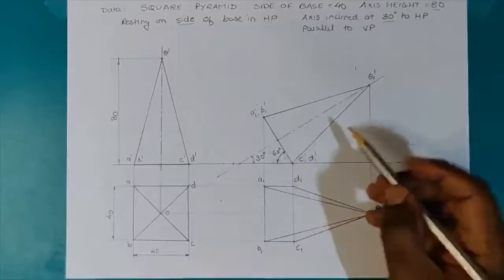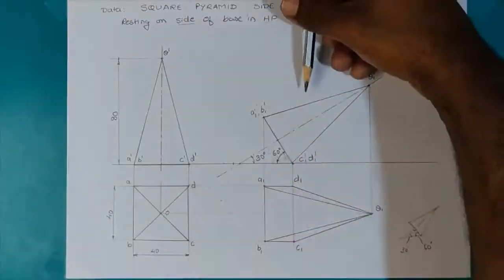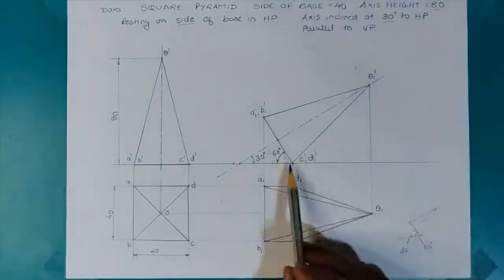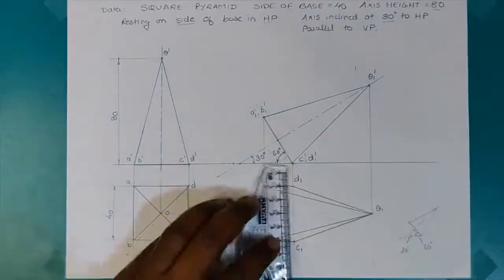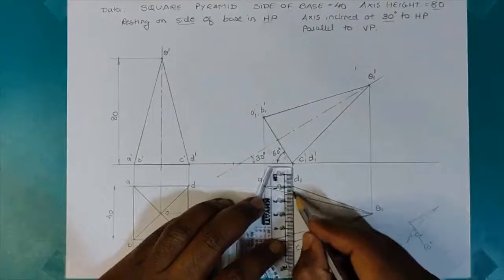So the edges would also be dark. Point C1 is not visible from the top, because you can see in the front view it is below the solid. So hence the edge C1 D1 would be hidden, can't be seen from the top. Therefore it would be represented by a hidden line.